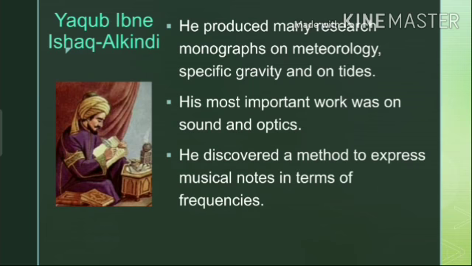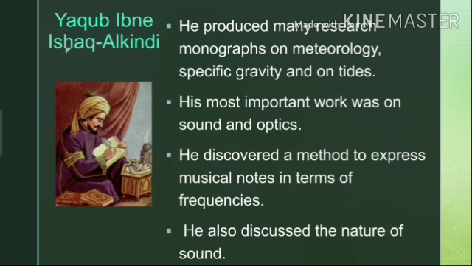Let's elaborate the first point. Monographs means research written on only one subject. In simple words, Yaqub al-Kindi wrote many research works on meteorology, meaning atmospheric science. Number 2, specific gravity, and tides, sea tides, ocean tides, etc.